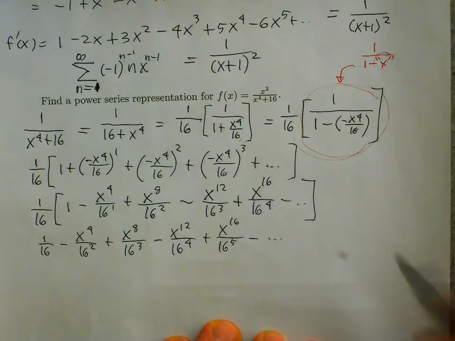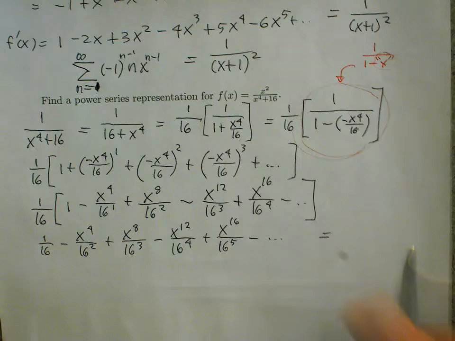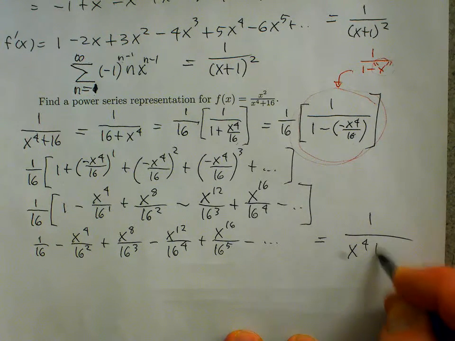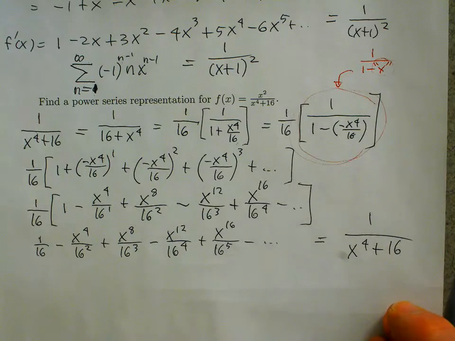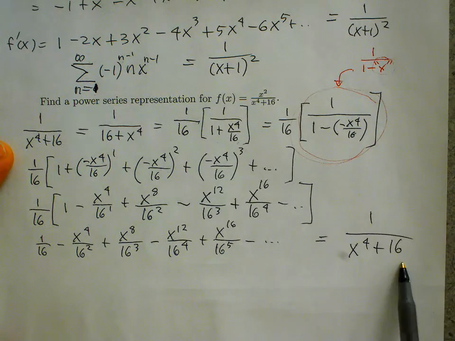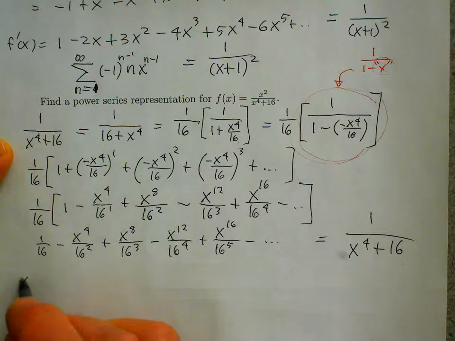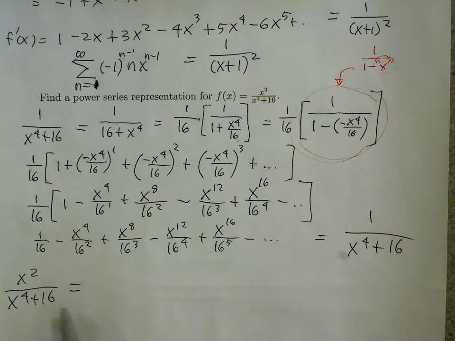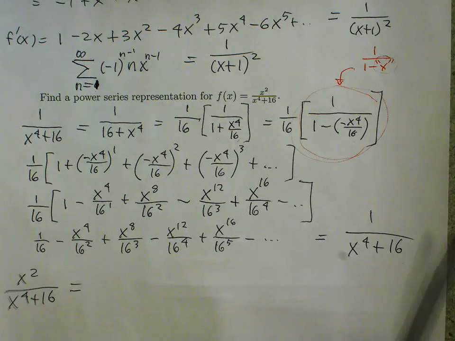Okay, so this is equal to 1 over x to the 4th plus 16. So if we multiply this by x to the 2nd, so in other words, x to the 2nd over x to the 4th plus 16, we just multiply each of those terms by x to the 2nd.